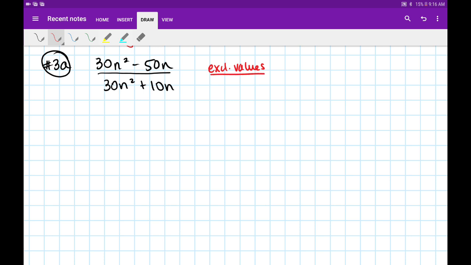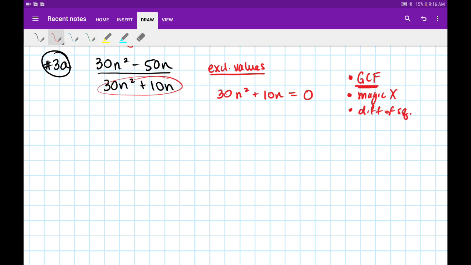As discussed before, we'll set our denominator equal to 0. We're going to show the work. This is a more involved problem. To solve for n here, I'm going to have to factor. Factoring, let's see. We must always try greatest common factor first, if possible. We also have our magic x, and we also have difference of squares. We have all of these different methods.